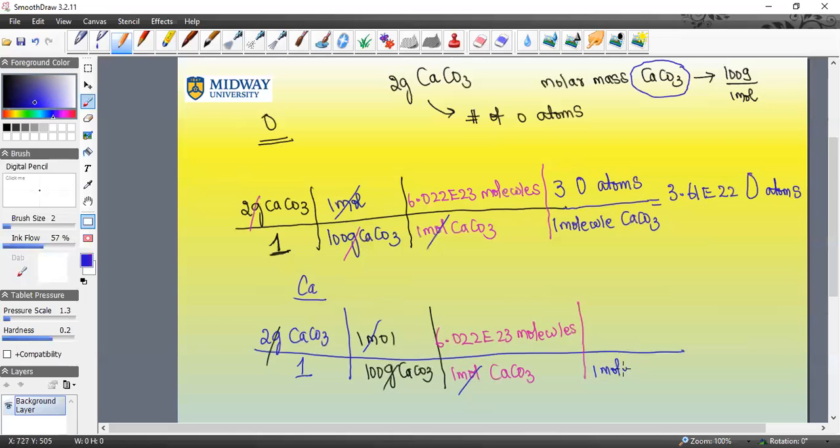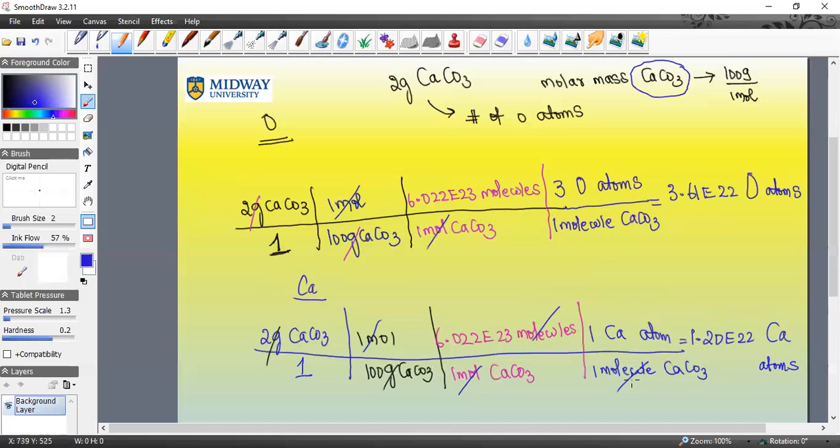A molecule of calcium carbonate contains one calcium atom. So that'll be almost the same as the exact value that we had, I believe it's 1.20 e to the 22 calcium atoms. The molecule has canceled out.